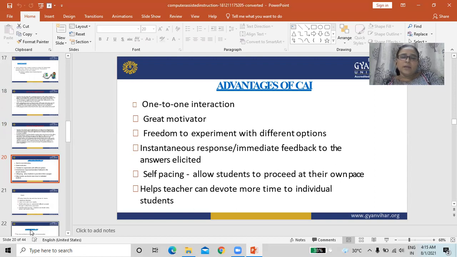It helps teachers devote more time to individual students.